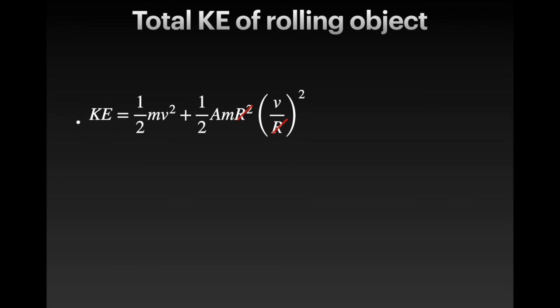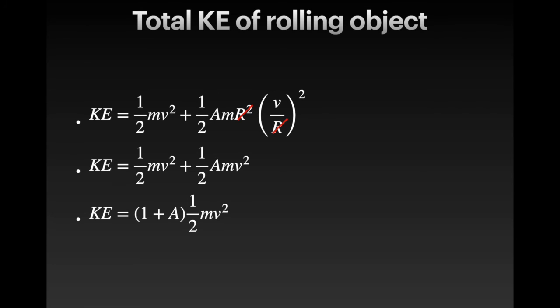It shows that this kinetic energy calculation does not depend on the radius of the object. So simplifying that, we get 1/2 mv squared plus 1/2 A mv squared. And if you're like me, you see these like terms and you want to factor things out. You don't necessarily have to if you're just going to calculate, but with this algebraic expression, I think that looks nice and understandable.